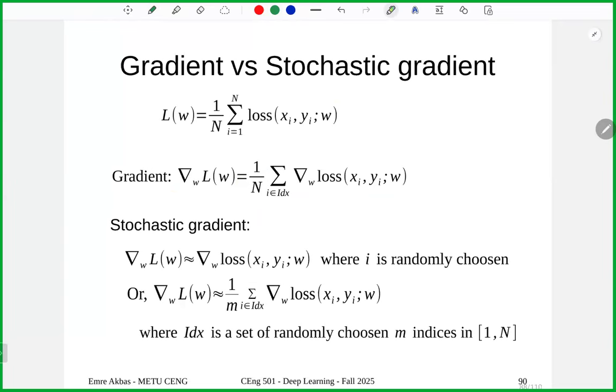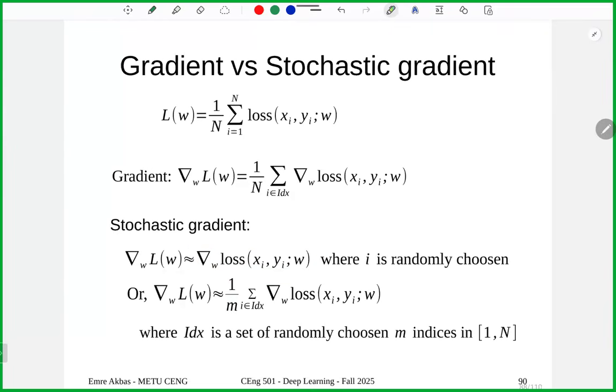Stochastic gradient, on the other hand, you can calculate on just one example that is randomly chosen from the data set. That is called stochastic gradient descent. You choose one example from the data set randomly and compute this gradient on that example.